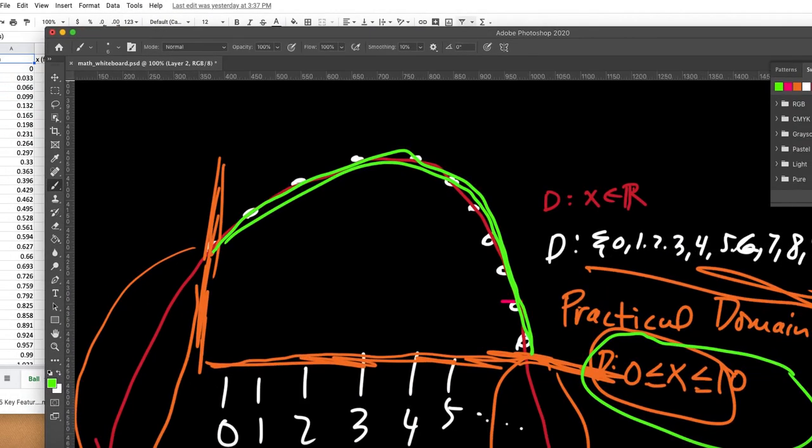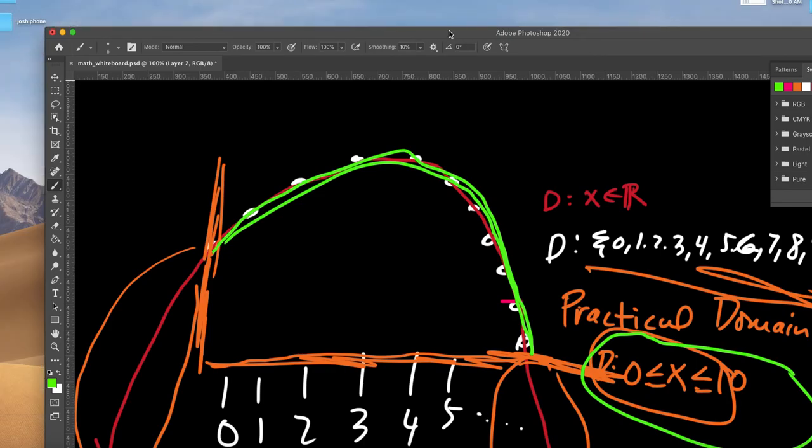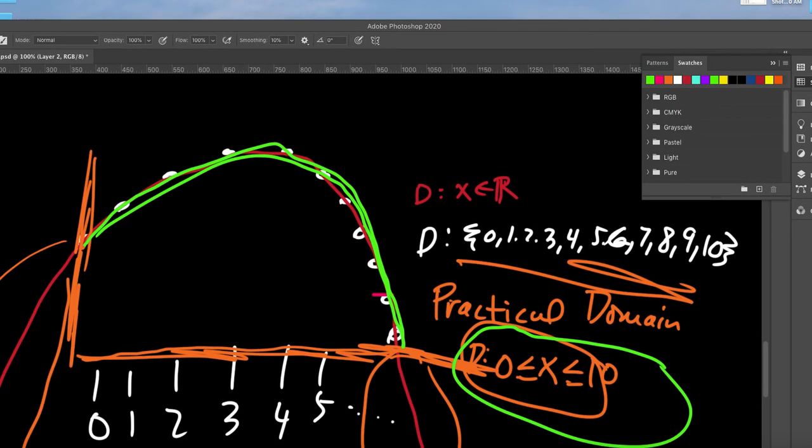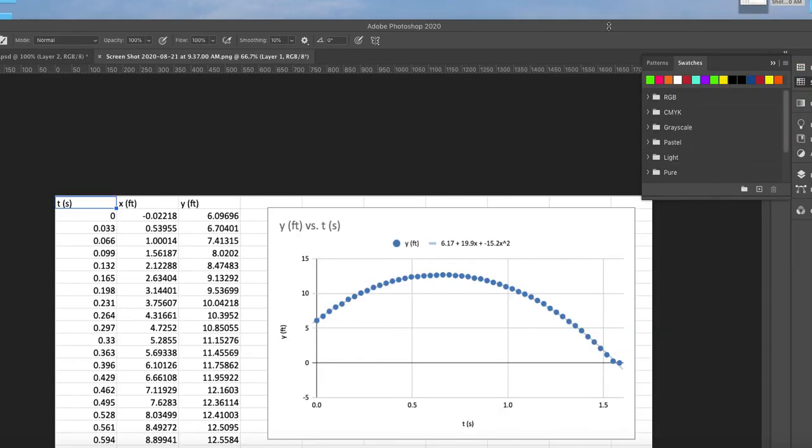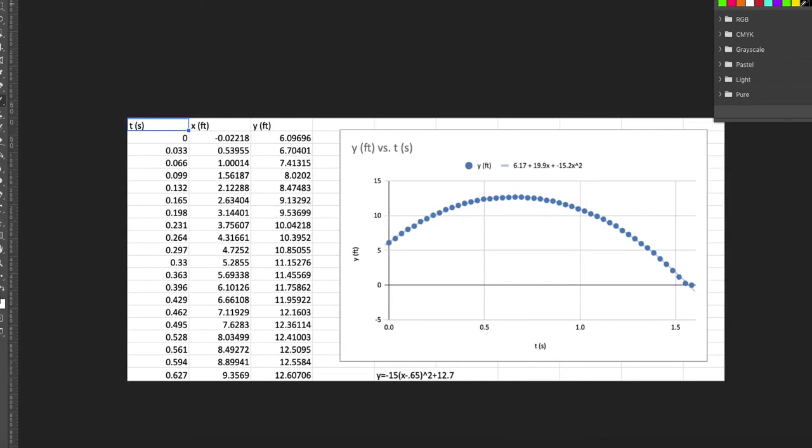Real, let me say this. I'm going to open this in Photoshop. Okay, so we had all this stuff happening. Now, if I ask you just for the domain of the model, I just want to know the domain of this piece.